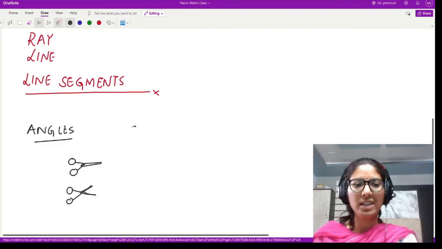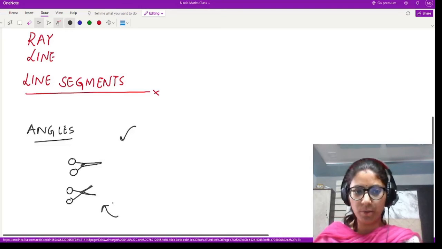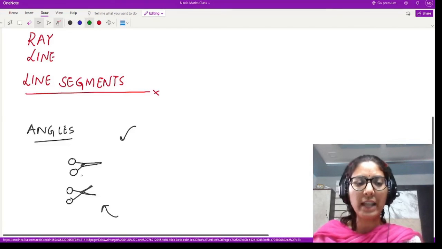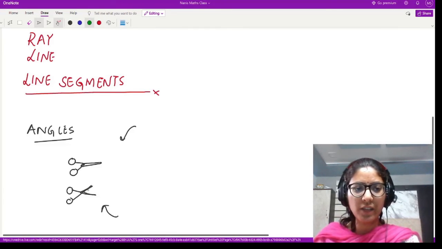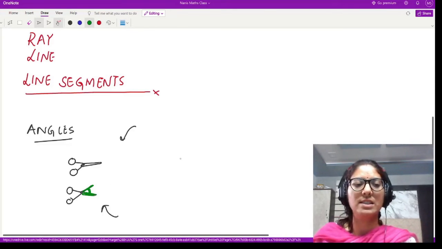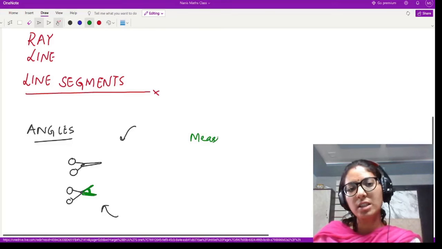You would say this one is closed and this one is open. In order to differentiate this, you would tell someone that we have something which measures that the two arms of the scissor are some distance away from each other. So how would you measure this distance? We measure this through angles.